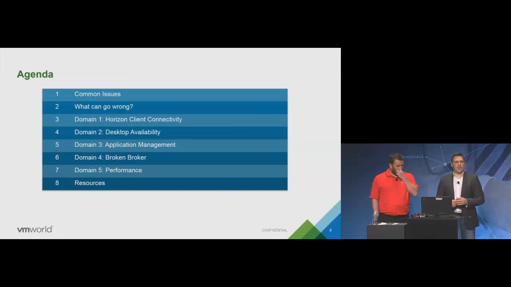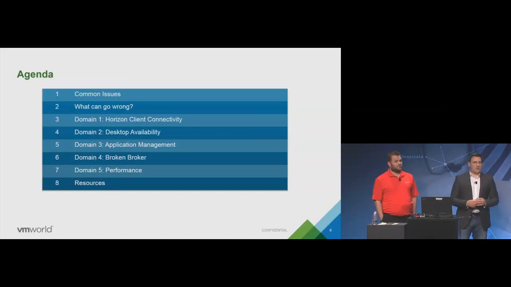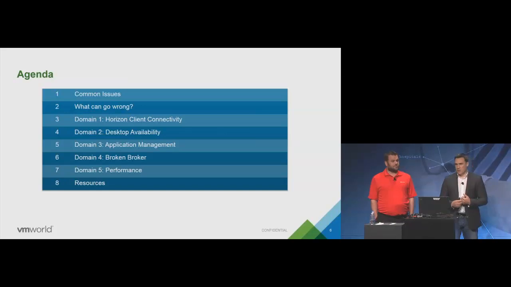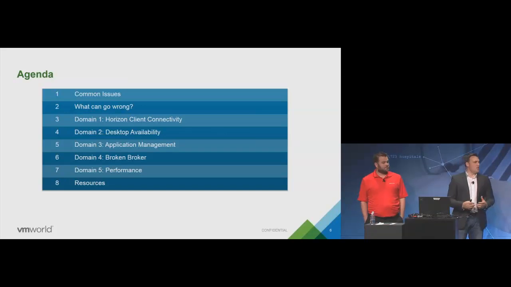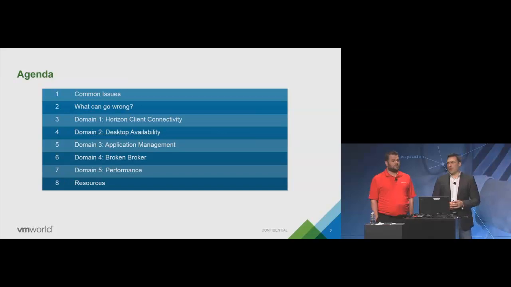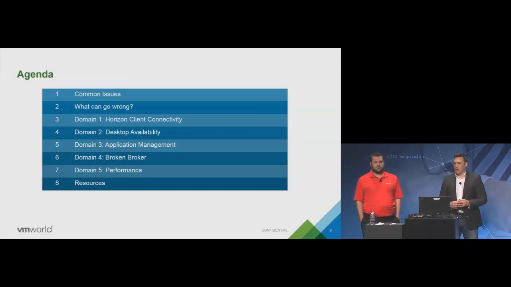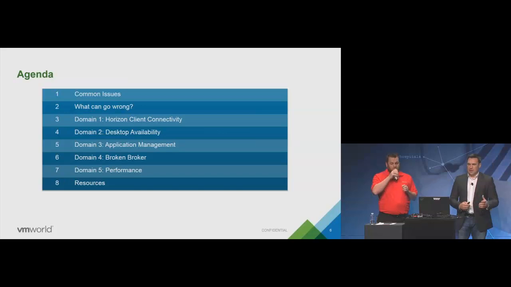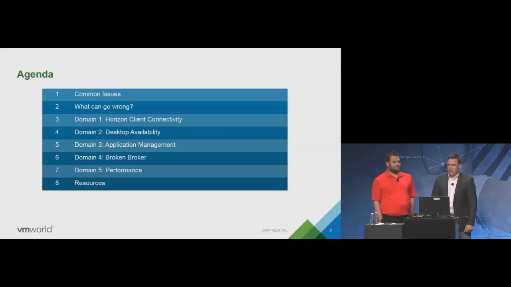We'll be looking at the kind of things that could go wrong in a Horizon 6 deployment, and we'll look at those different problem domains, everything from just trying to connect to an environment to the availability and provisioning of desktops, application management such as IDSH, and what happens when your server infrastructure breaks, such as the connection brokers. And we'll wrap that up with a look at how you can monitor performance and troubleshoot performance in your environment. And finally, just some resources there, some things that you can reference.